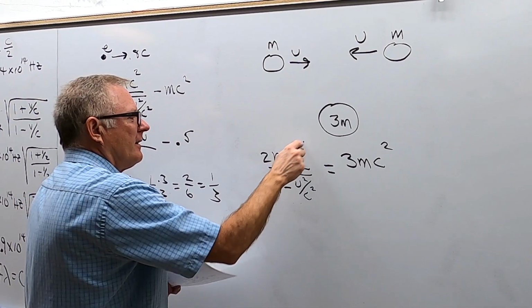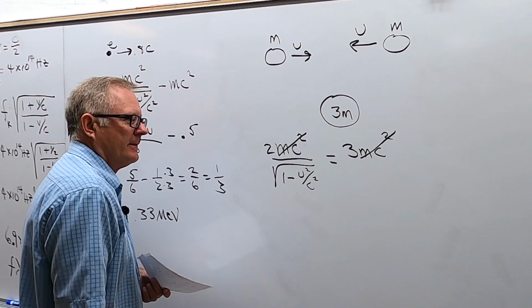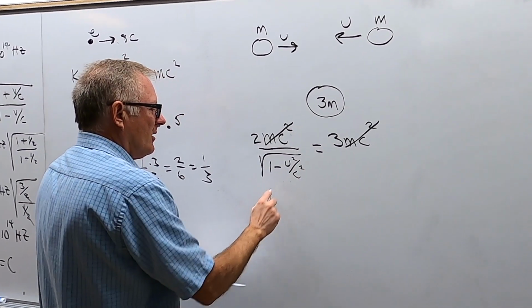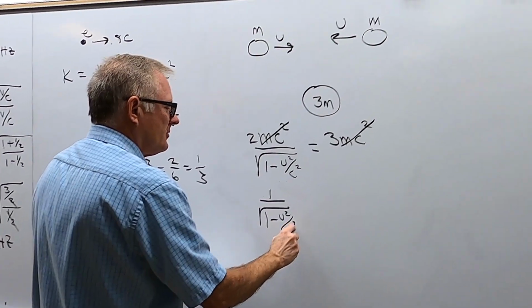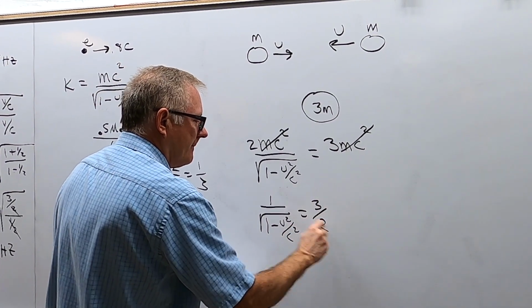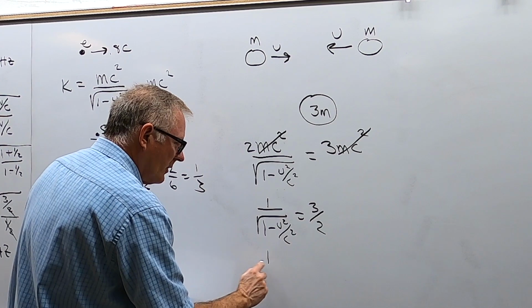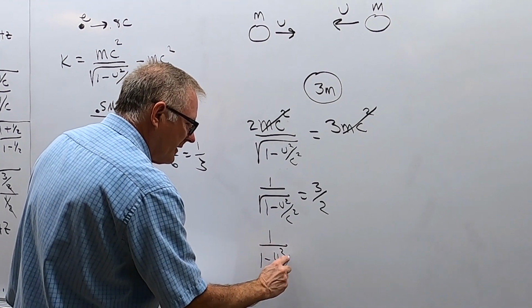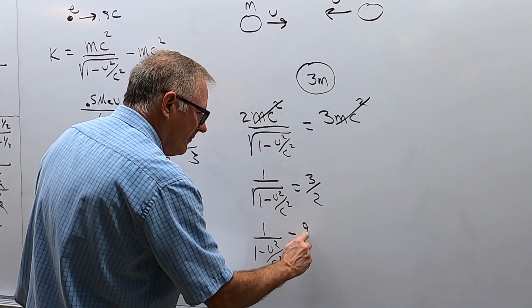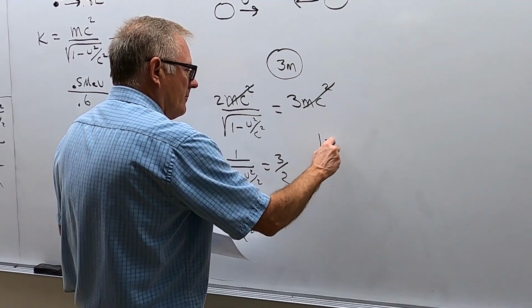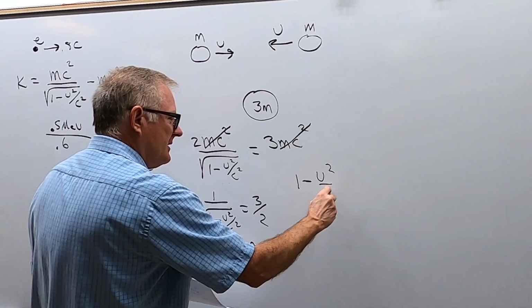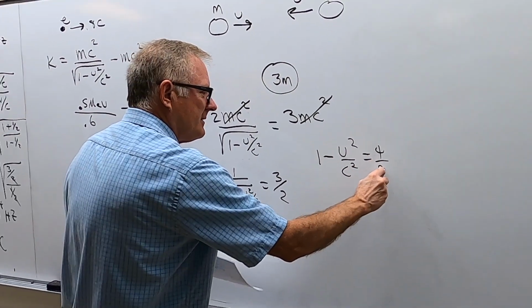Okay, we can get rid of the mc squareds. Bring that down below. We got 1 over the square root of 1 minus u squared over c squared equals 3/2. Square both sides, 1 all over 1 minus u squared over c squared equals 9/4. Flip both sides, 1 minus u squared over c squared equals 4/9.